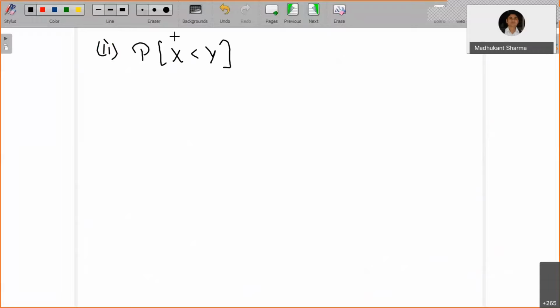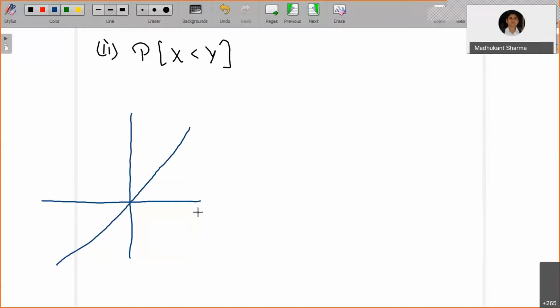If you look at this in the plane, there is the line y equals x, and you are looking at the values where x is less than y. You know that x values are 0 to infinity and y values are 0 to infinity.